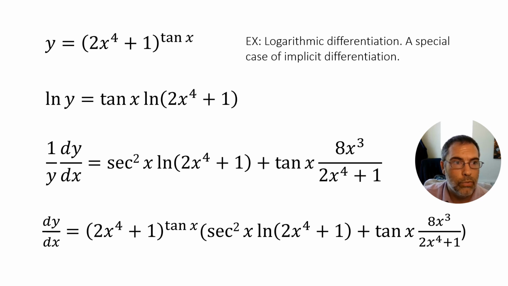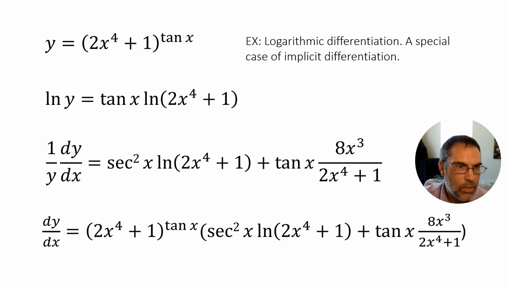Now, to differentiate and find what is dy dx, first take the natural log of the whole equation. So by taking the natural log of the left-hand side, we just get natural log y. And on the right-hand side, because this is an exponential, we're allowed to bring the power down. So this becomes tan x times natural log of 2x to the fourth plus 1. So that's the first step in logarithmic differentiation, take the natural log.